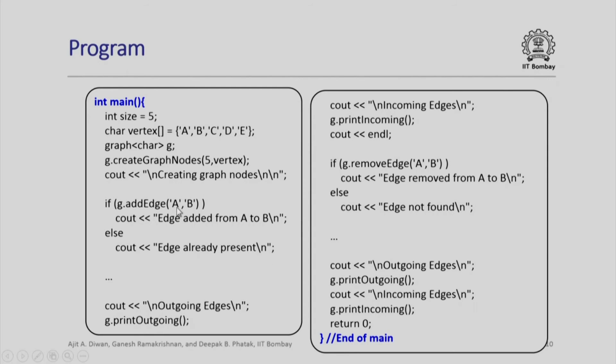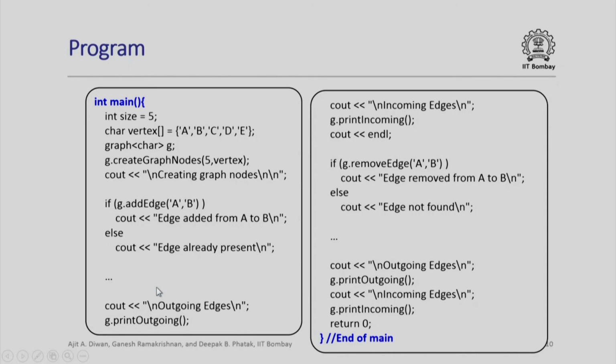The main program will look exactly like what we had earlier, except for the fact that whenever we call functions for adding or removing edges, these functions are now Boolean functions. That means every time we invoke a function to add an edge, for example, we will have to check whether this returns true or false. If it returns true, we say edge added from A to B, otherwise we say edge already present. We will have to do it for each of the edges that we add.